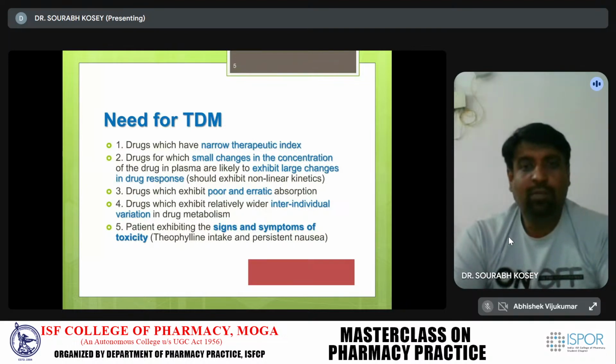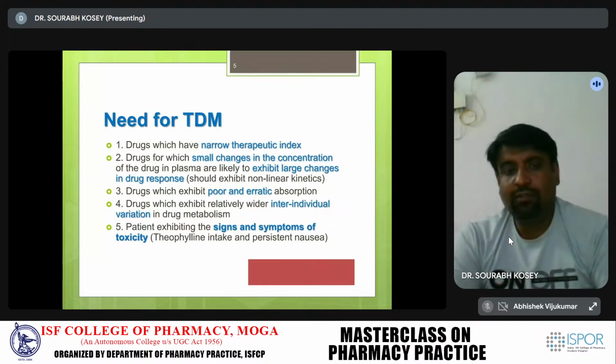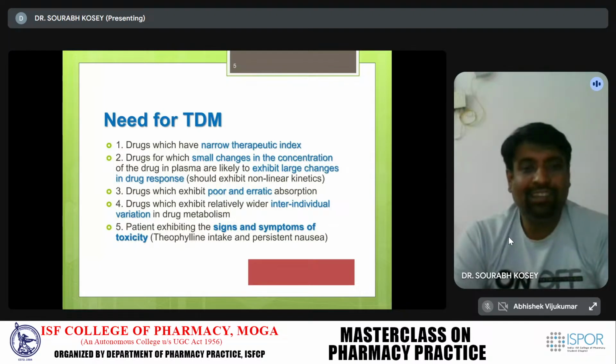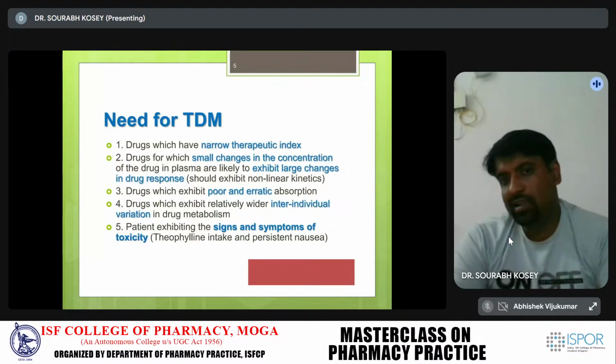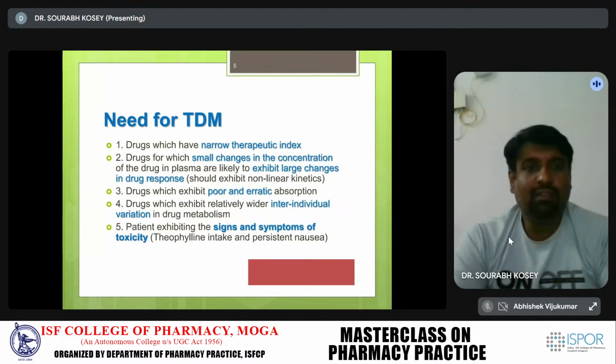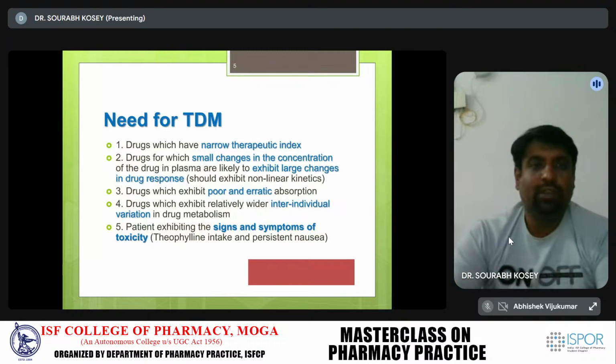So drugs which have poor absorption rate or drugs which vary in terms of pharmacokinetic variability or variation for the metabolism process. Next is the patient which are having some toxic signs or effectivity like theophylline intake or persistent nausea. So any drug allergy history or certainly any kind of symptomatic alliance which are requirement for therapeutic drug monitoring.